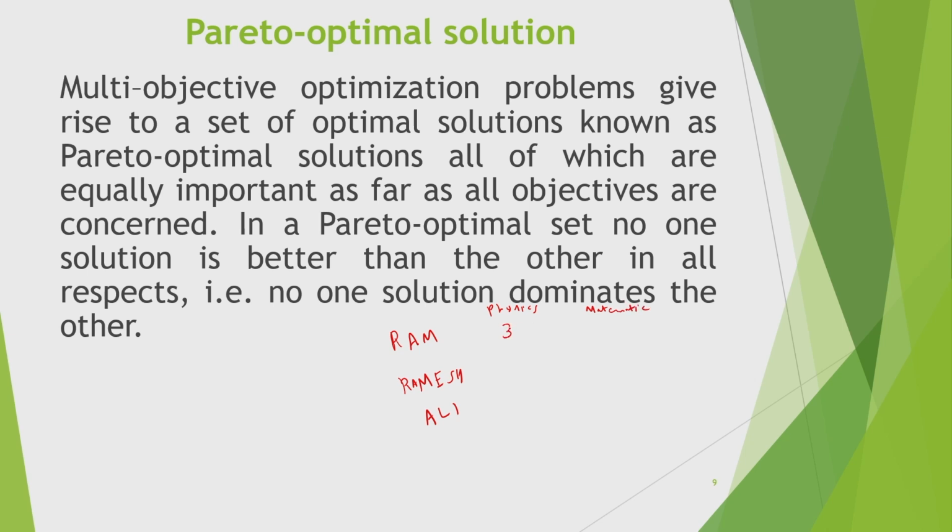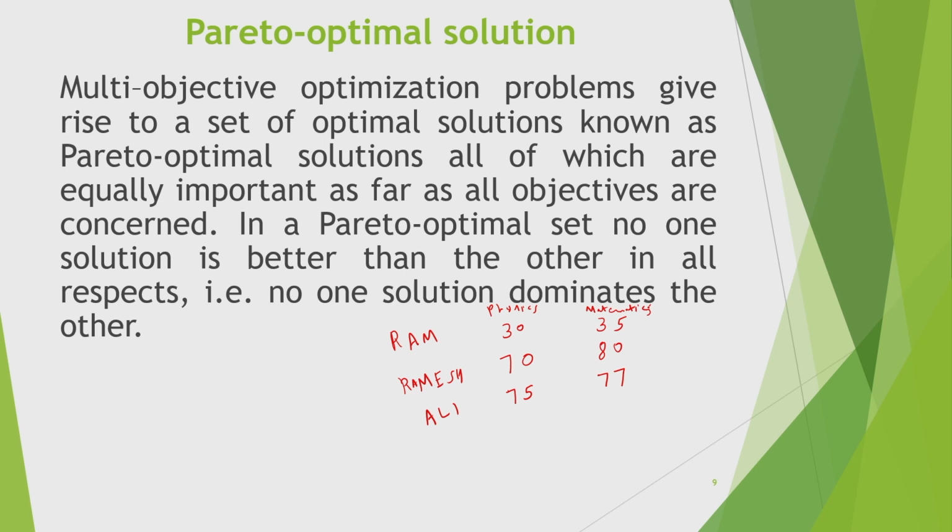Suppose Ram has got 30 in physics and maybe 35 in mathematics, but Ramesh has got 70 in physics and maybe 80 in mathematics, and Ali has got say 75 in physics, but he has got 77 in mathematics.